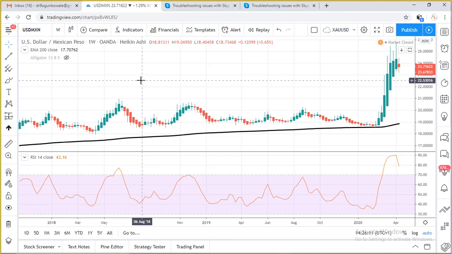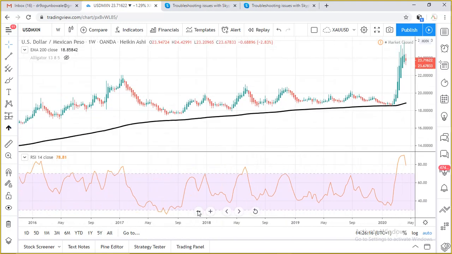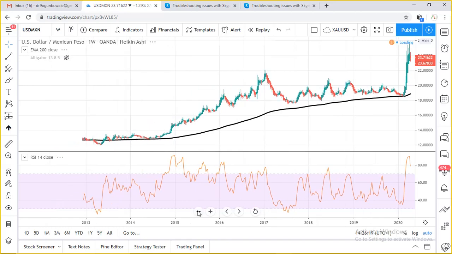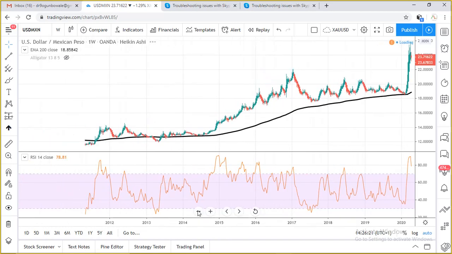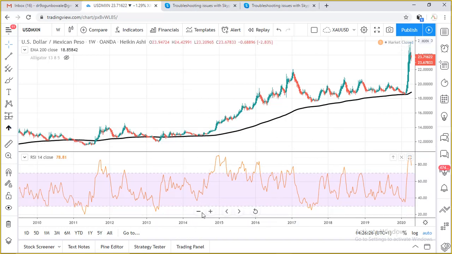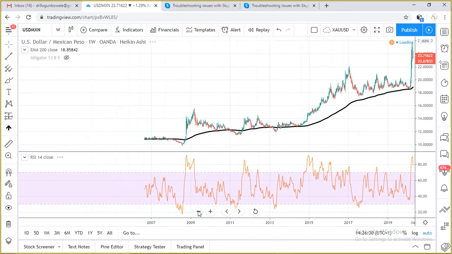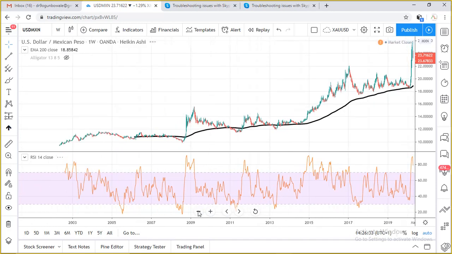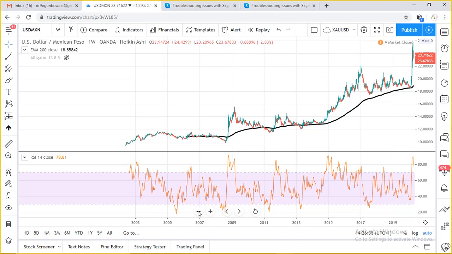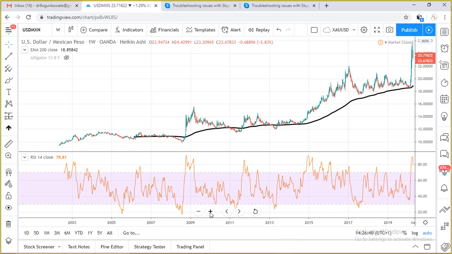We can zoom out to have a history of the market. So if we zoom out, this gives us an overview of the market since the inception of this particular currency pair. I taught us this last week, but for the benefit of the people that are new in the house, this is the market.